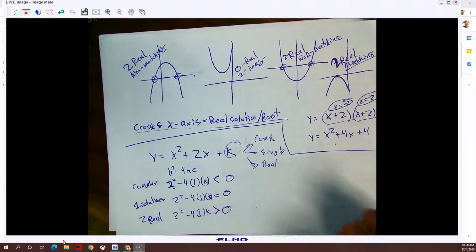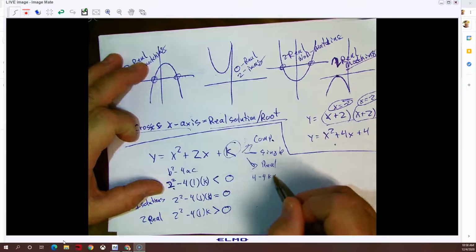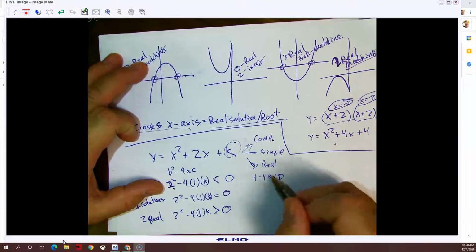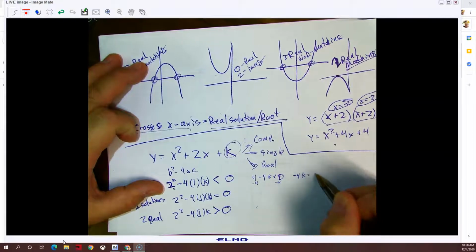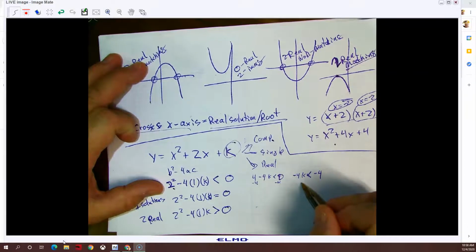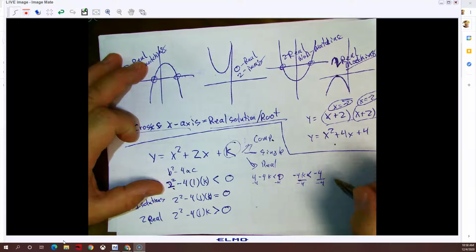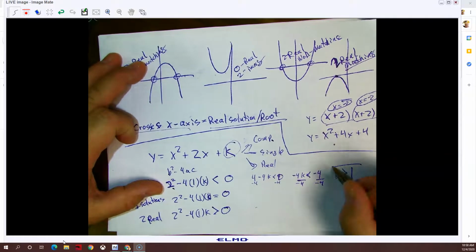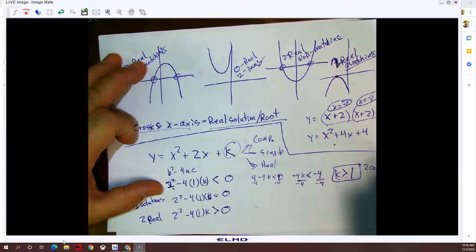At this point, all I have to do is begin solving. 4 minus 4k is less than 0, minus 4, negative 4k is less than negative 4. Divide both sides by negative 4. Now, of course, remember, when you divide by a negative, you must switch the sign. And so if I have any k value bigger than 1, it's too complex.